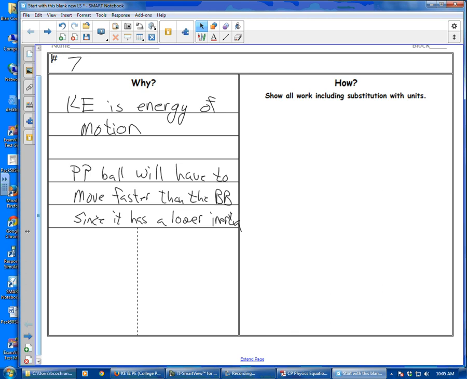So, using that idea, I'd start off with my definition of kinetic energy, 1/2 the inertia times the speed squared.